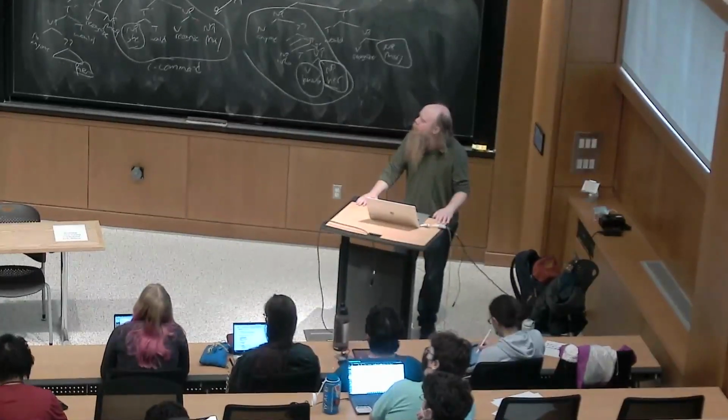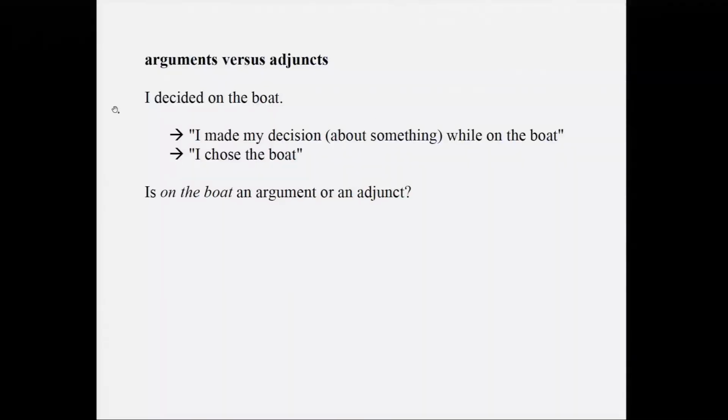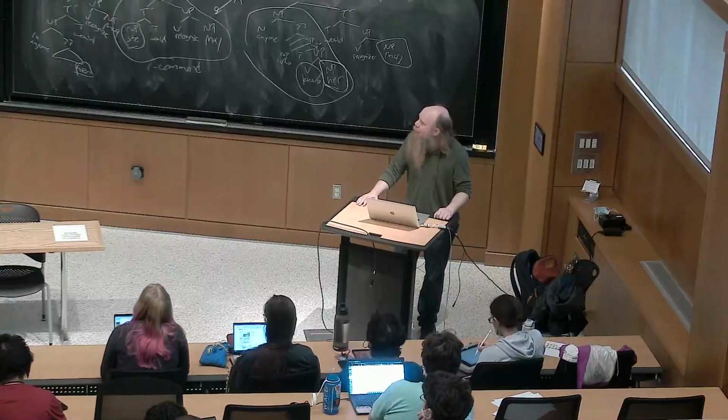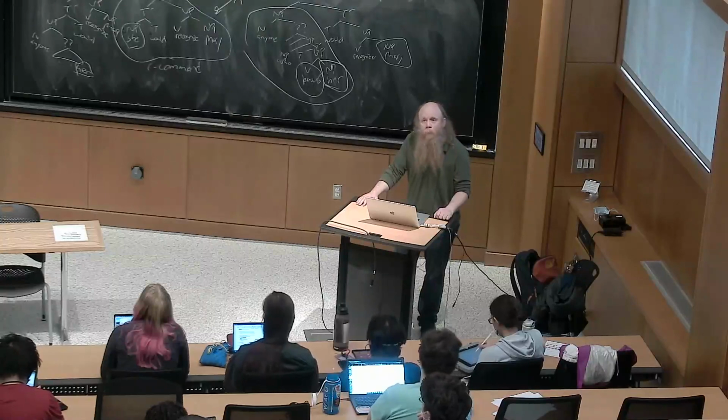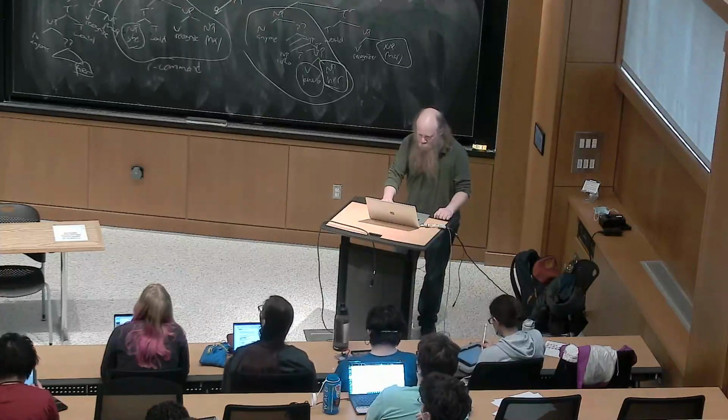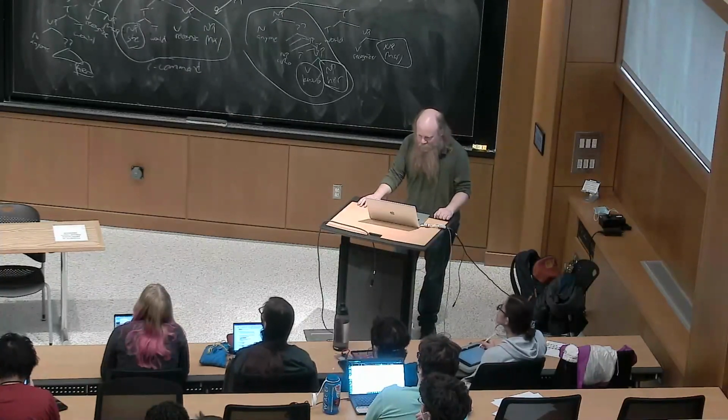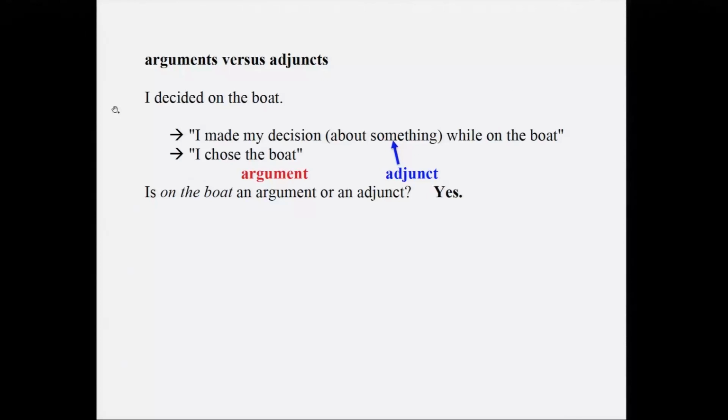And you certainly can't combine on the boat with any random verb and expect to get a new meaning. Yeah, that's not the way life works. So there's an adjunct meaning of on the boat, and there's an argument meaning of on the boat. Okay. Cool. Now, is it an argument or adjunct? So the first one, it's an adjunct. The second one, it's an argument. Good.